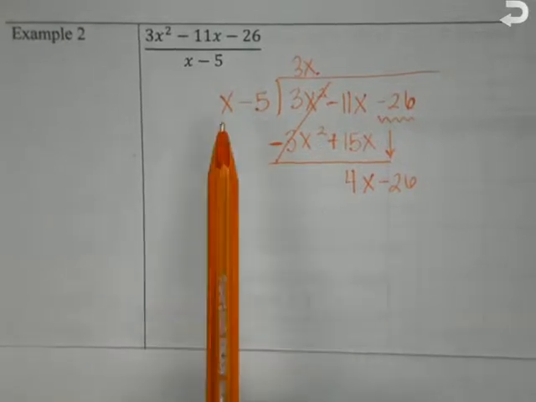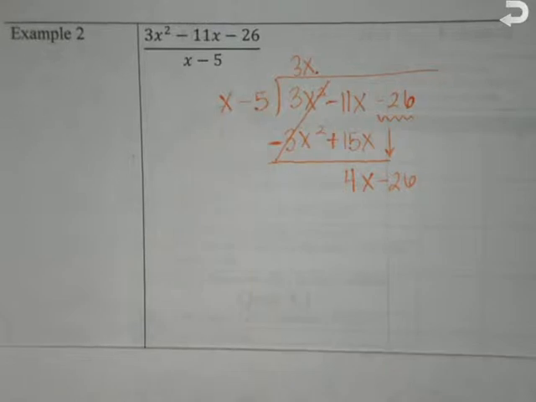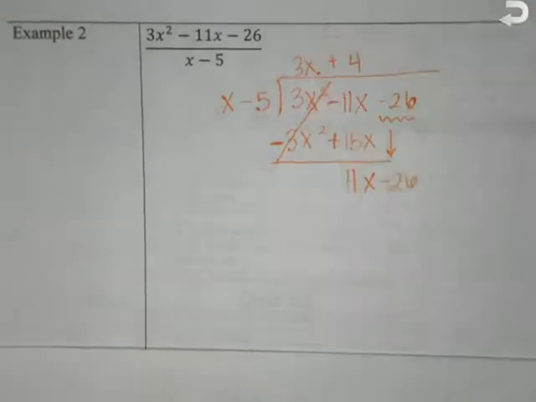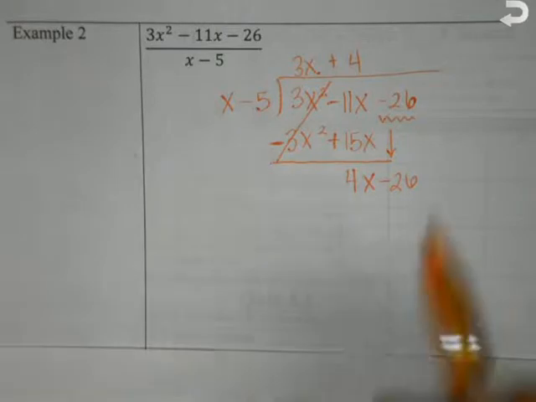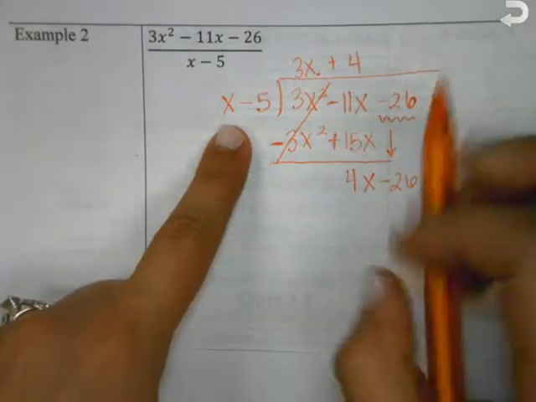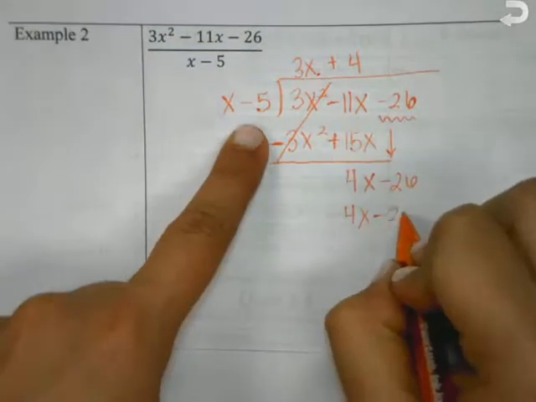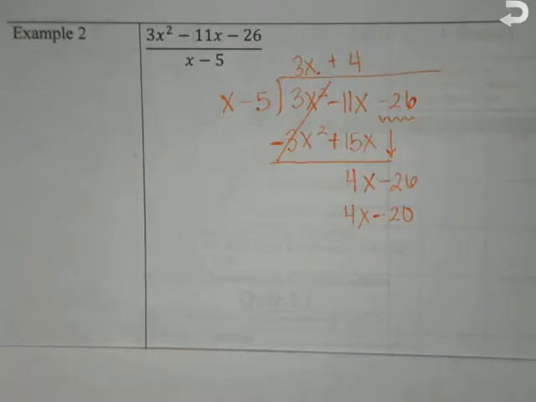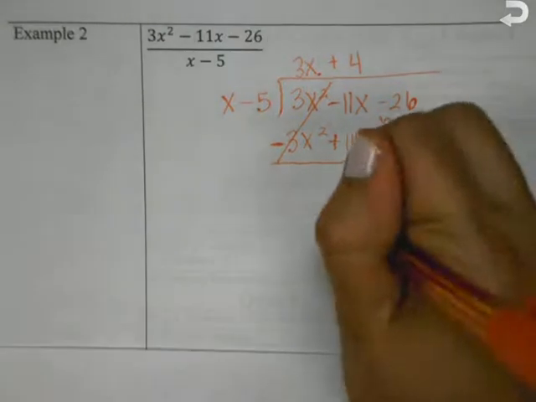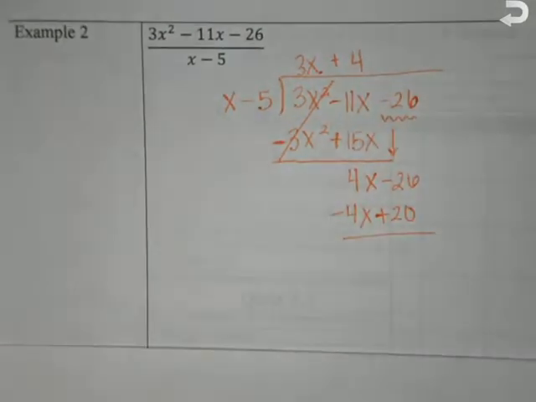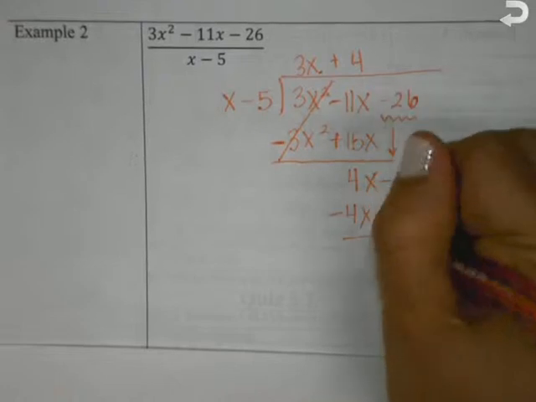And then we multiply. 4 times x gives me 4x, and 4 times negative 5 gives me negative 20. Change the sign. So that becomes negative 4x plus 20. 4x minus 4x cancels, and negative 26 plus 20 turns into negative 6.